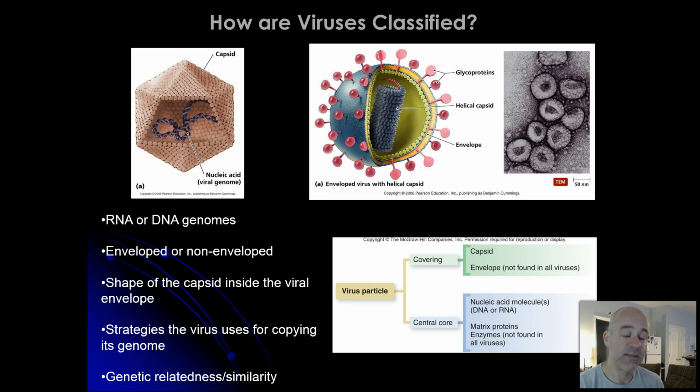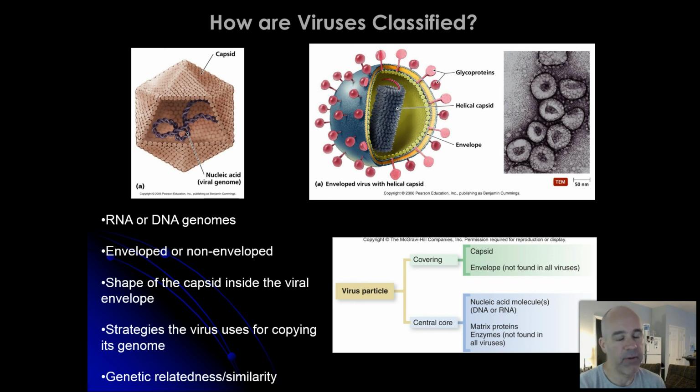So a lot of the classification today is based on genetic relatedness. You look at the sequence of the genome, and that AGCT or AGCU letter code you have there, more closely related viruses are going to have more closely related matching patterns among their genomic sequences.